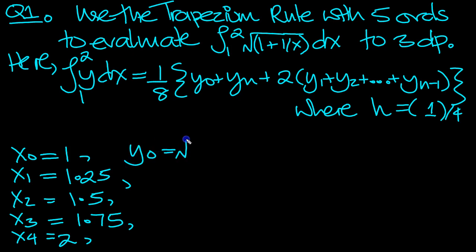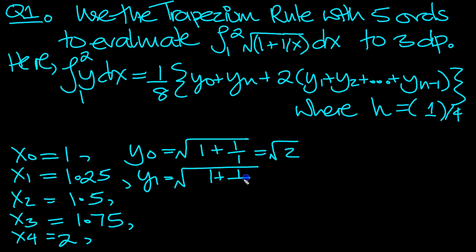It's the square root of 1 plus 1 over x. That's root 2, isn't it? Next one. y1, the square root of 1 plus 1 over 1.25. And then y2, 1 plus 1 over 1.5.